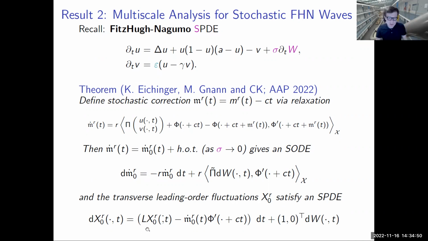So roughly speaking, there's a balance between deterministic linearized stability coming from an operator L and the stochastic fluctuations that get squashed by this linear operator. That gives you a way to study fluctuations transverse to the direction of translation.